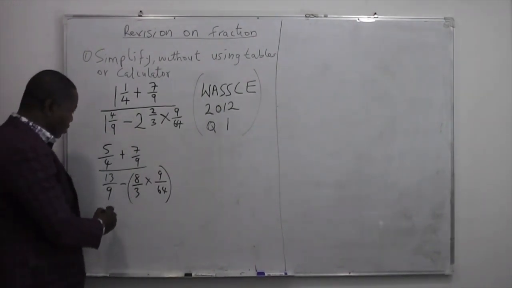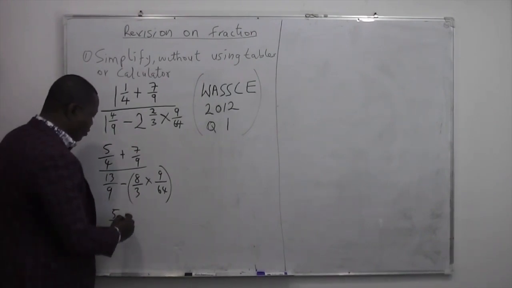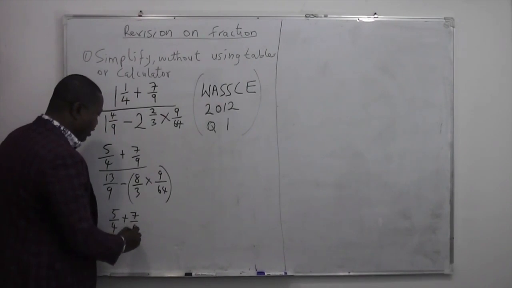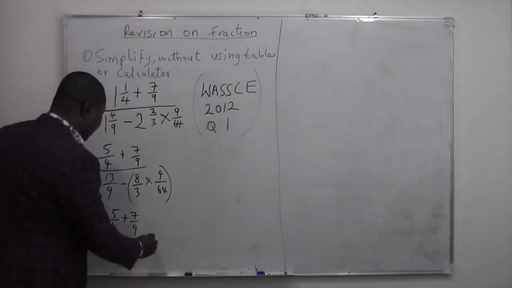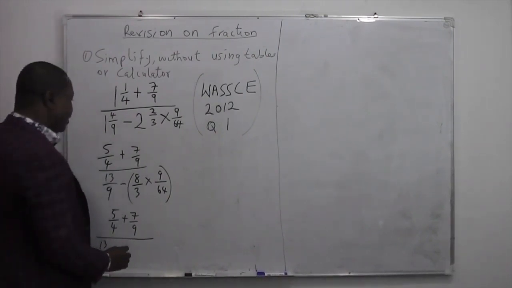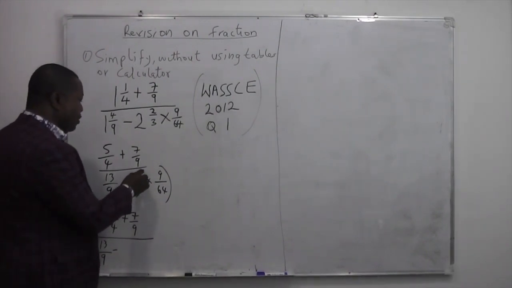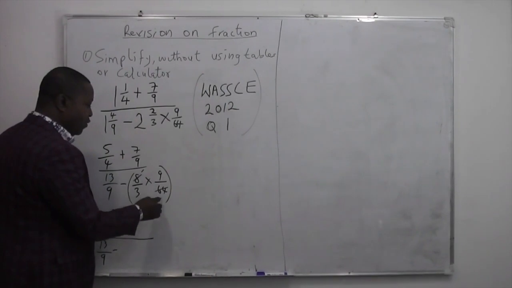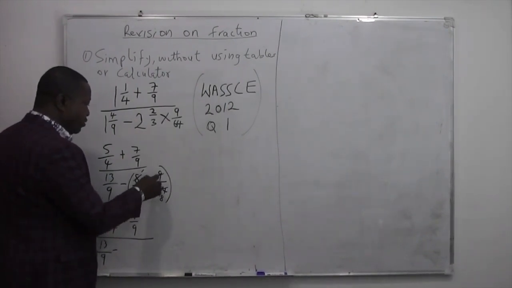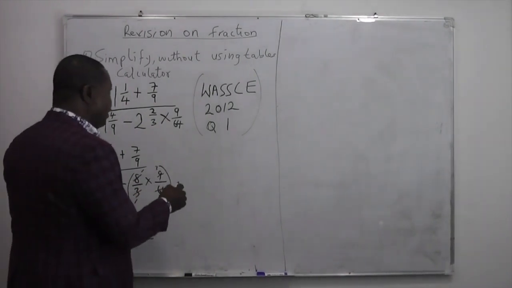Now, this becomes 5 over 4 plus 7 over 9 all over 13 over 9 minus, now at this point let's remove the bracket. 8 cancel 8, 1; 8 cancel 64 is 8; 3 can cancel 3, 1; 3 can cancel 9, 3.